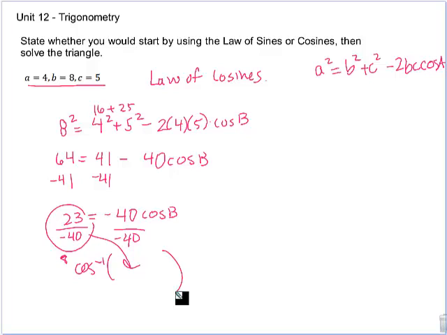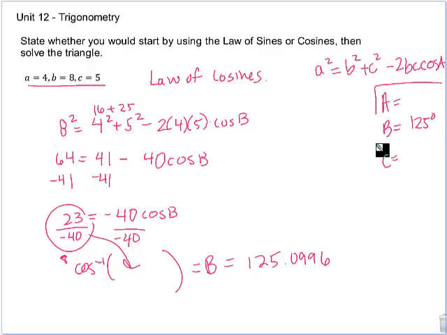And you can certainly also do 23 over negative 40 and just use that for your inverse cosine. That's also perfectly acceptable. But either way, we end up getting an angle B of 125.0996. So our angle B then, we would say to the nearest degree is 125 degrees.